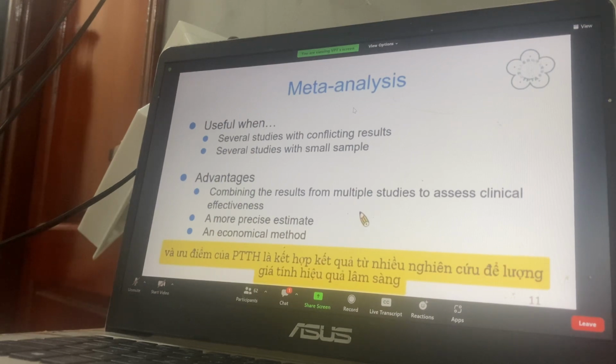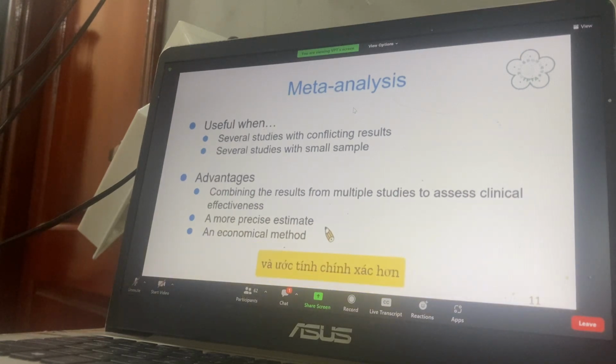The advantages of meta-analysis include that it could combine the results from multiple studies in order to assess clinical effectiveness, and it is a more precise estimate. It's also more economical. As we have mentioned in our previous course, a randomized controlled trial would need to spend millions of dollars over a period of 5 or 10 years.